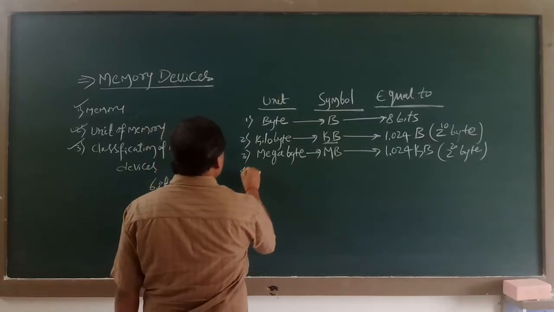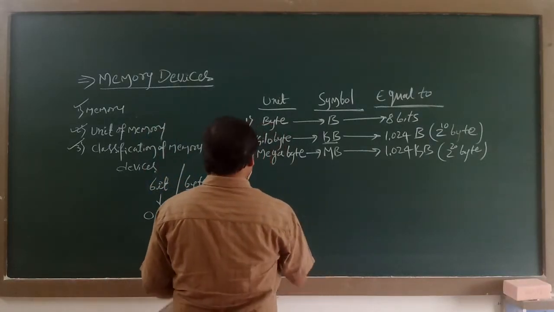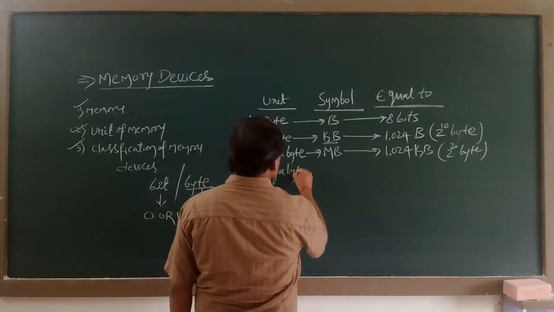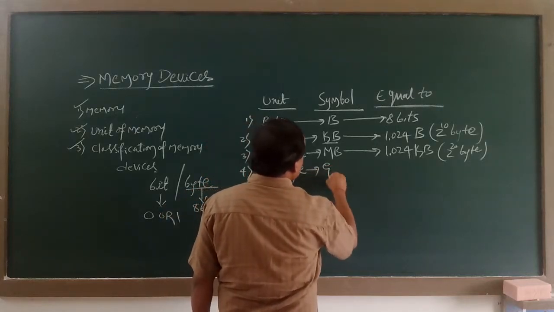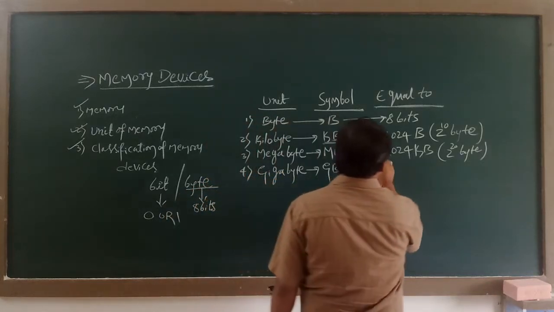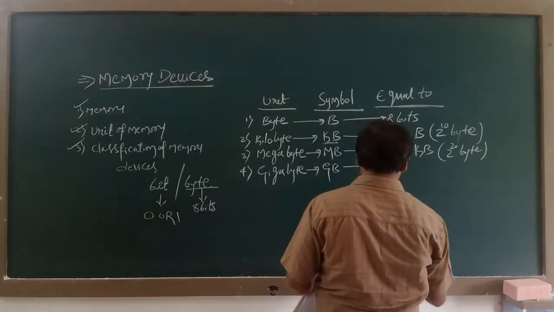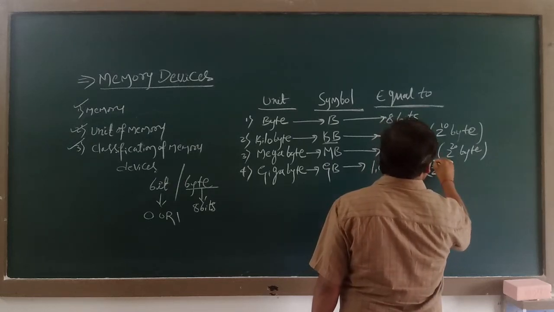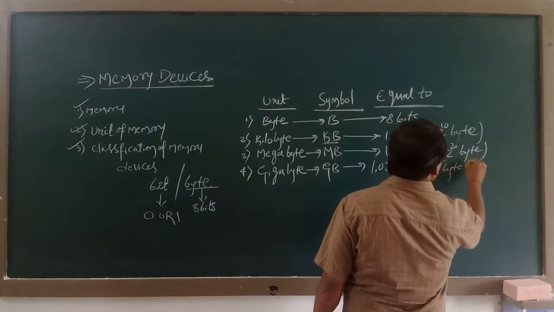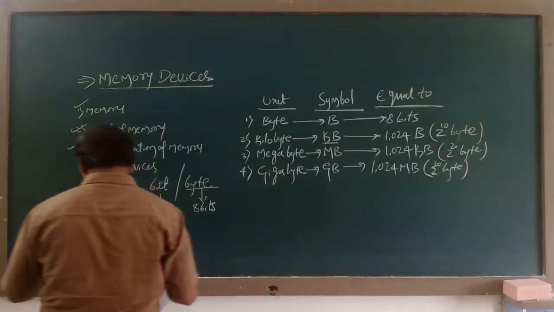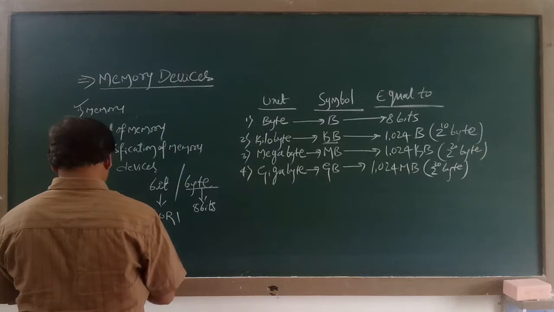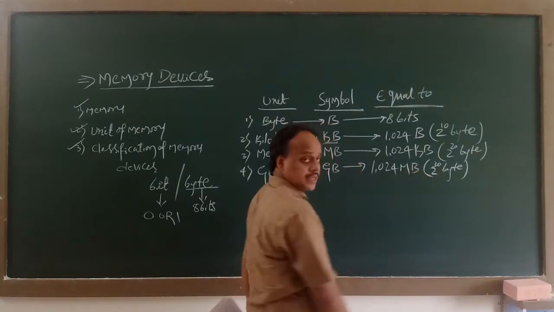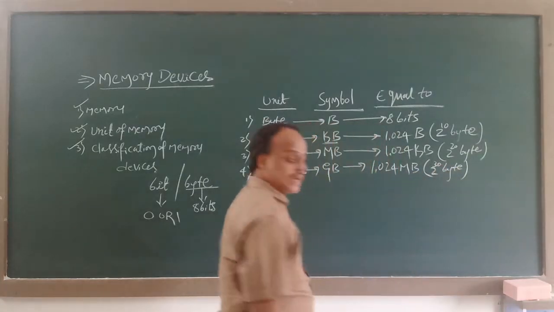Next comes the fourth one, gigabyte. Gigabyte is GB, which is 1024 megabytes, that is 2 power 30 bytes, right?